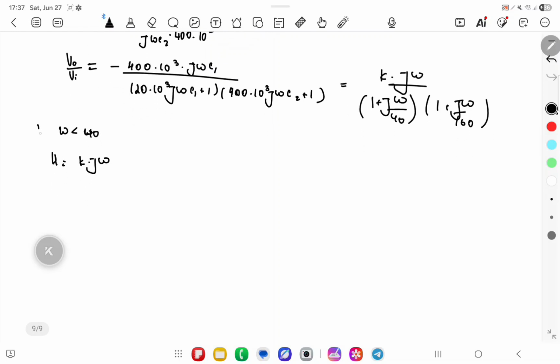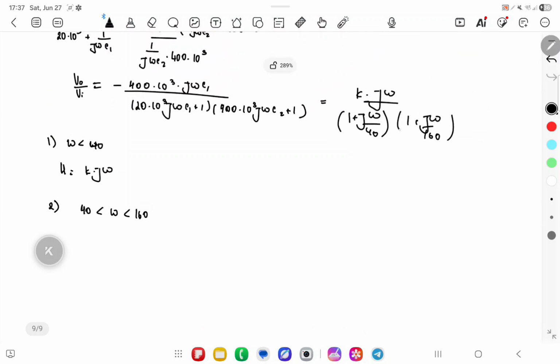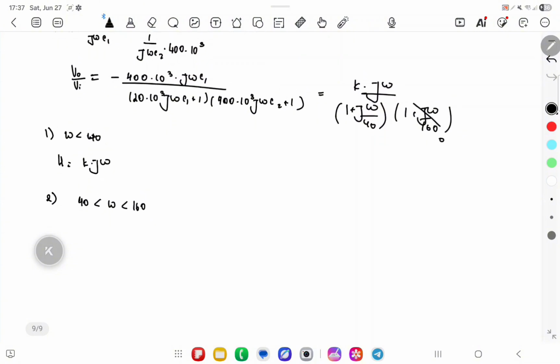In the second assumption, if our omega is greater than 40 but is still less than 160, then this still simplifies to 1, but we have some change, and our function will be in the form of k multiplied by j omega.